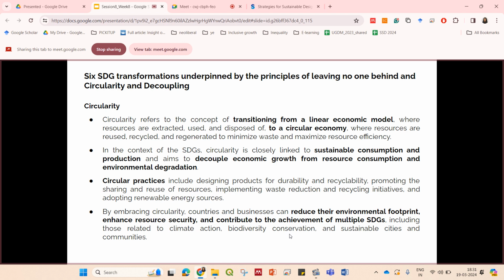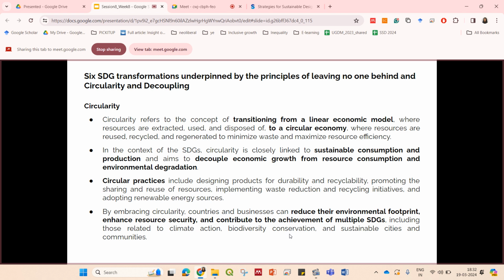Maybe the materials are recycled to act as raw materials for another product, and we use natural resources in a way that they have enough time to get regenerated, in order to minimize waste and maximize resource efficiency. So, in the context of SDGs, circularity is closely linked with sustainable consumption and production, and it is also linked to decoupling. It aims to decouple economic growth from resource consumption and environmental degradation.